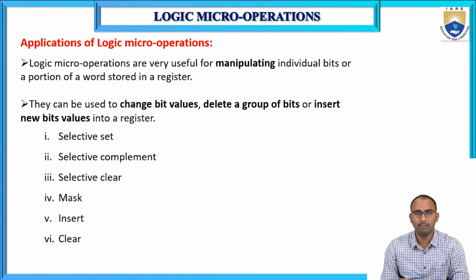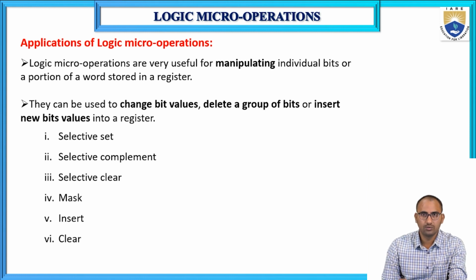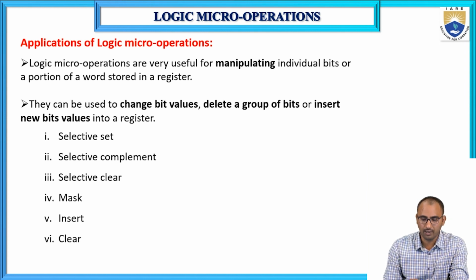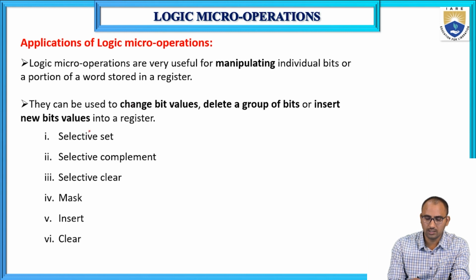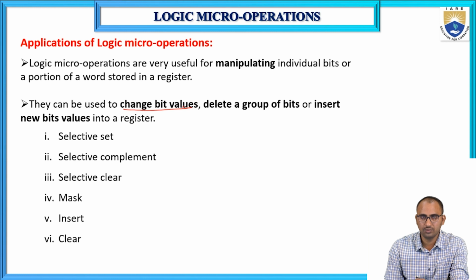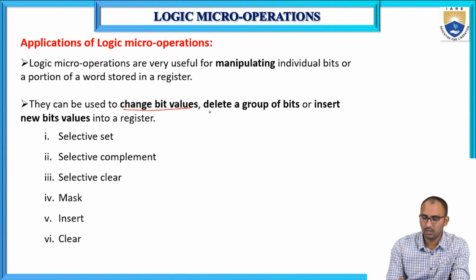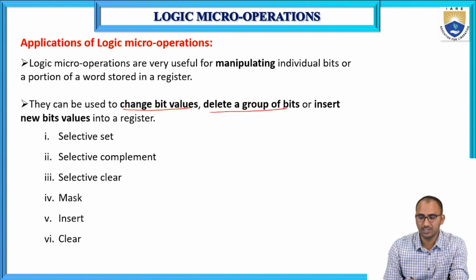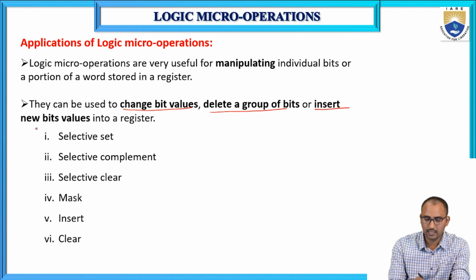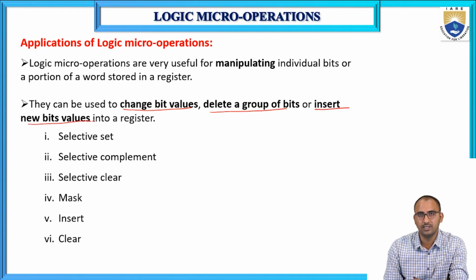And coming to the applications of logic micro operations. These logic micro operations we can use for different applications. Let's see one by one. They can be used to change the bit values of a register, or delete a group of bits in a register, or insert new values into the register.